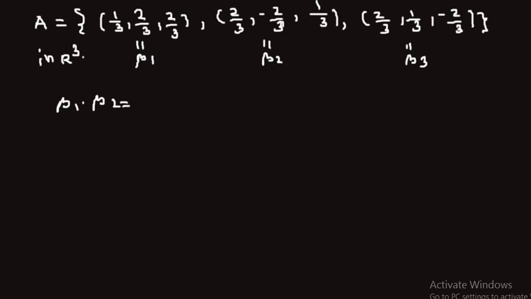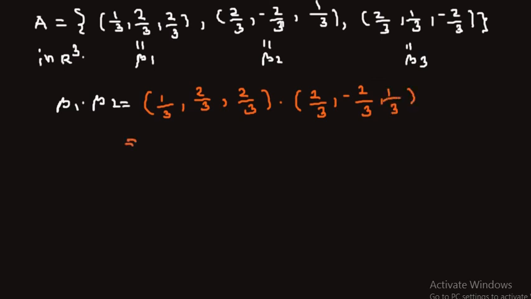If I multiply beta 1 with beta 2, here beta 1 is 1 by 3, 2 by 3 and 2 by 3, multiplied with 2 by 3, minus 2 by 3 and 1 by 3. From there we get 1 by 3 into 2 by 3.